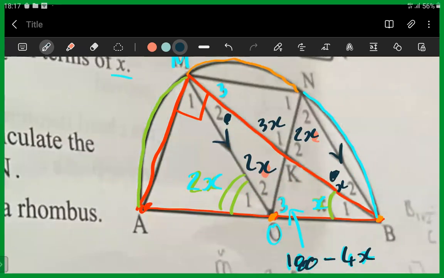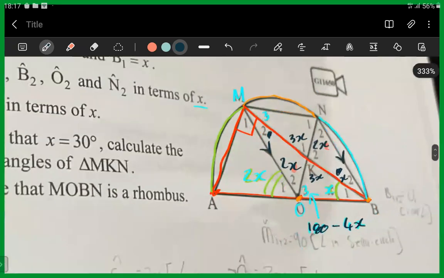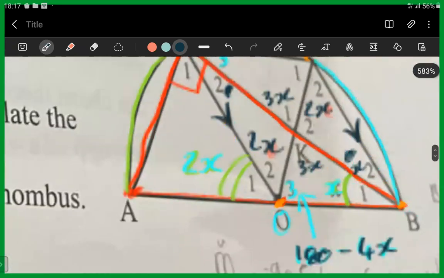If you use this triangle like you're saying, it's fine, because in this triangle this is equal to 3x because of vertically opposite angles. So if you say 180 minus x minus x, it's still going to give you 4x. I said 180 minus this 2x minus that 2x and used angles on a straight line, but it's still fine. The answers are still correct.